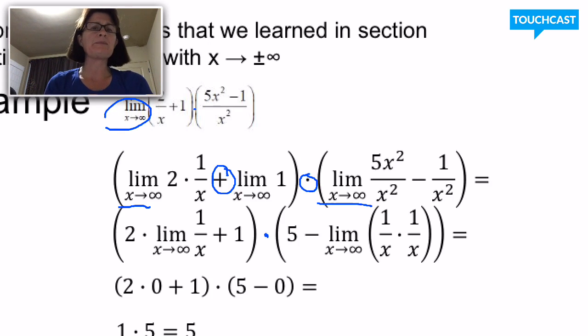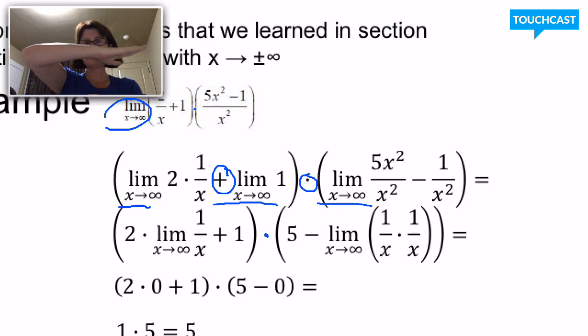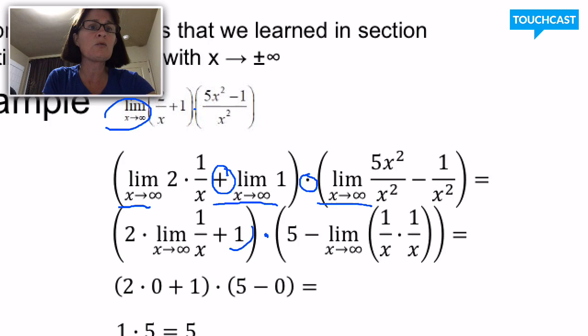Then we can start to simplify in little steps. Here, the limit as x approaches infinity of 1: 1 is a constant function, a horizontal line. It doesn't matter which x value you pick, your y value is always going to be 1. So the limit as x approaches infinity of 1 is 1. That's how I made that change.